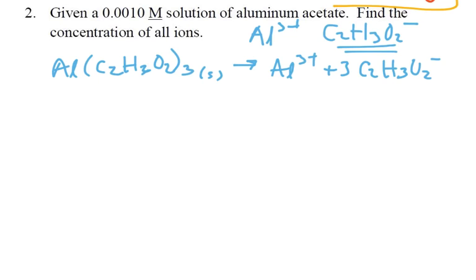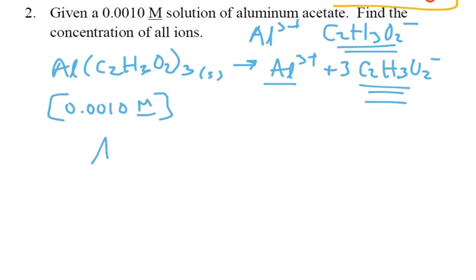So, in the problem, we are told that the concentration of our aluminum acetate is 0.0010 molar, and if that breaks up to give us 1 aluminum and 3 acetates, then the aluminum ion concentration must be the same as the aluminum acetate concentration initially, so that'll be 0.0010 molar.